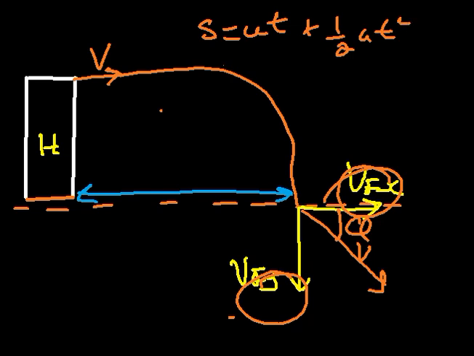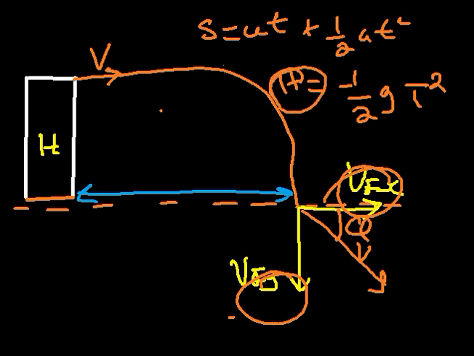In the case of free fall motion, we have h equal to initial velocity along y, which is zero, of course, so we have negative half g t squared, where this t is t total, the same as the total time. Of course, it will be negative because this is a displacement.